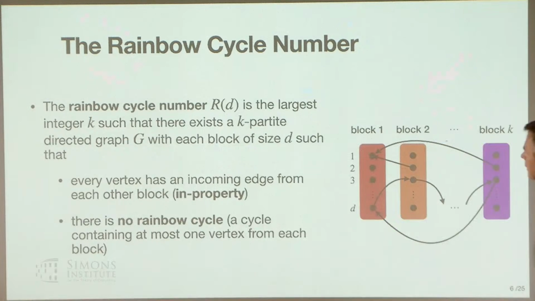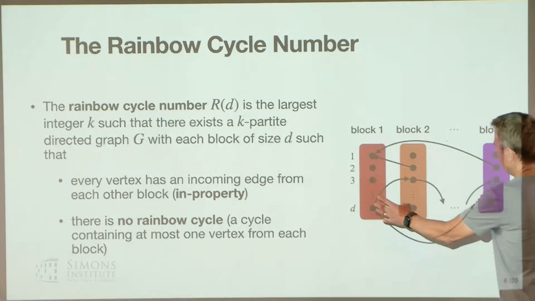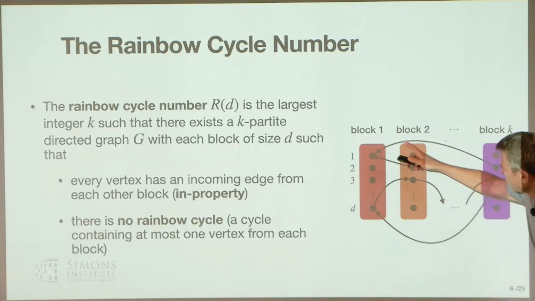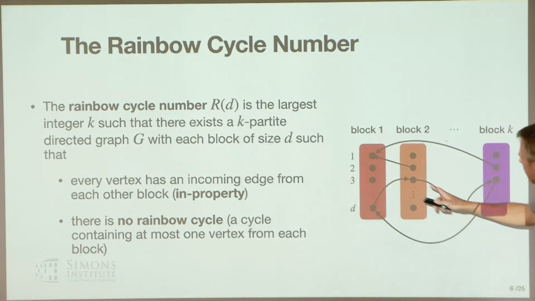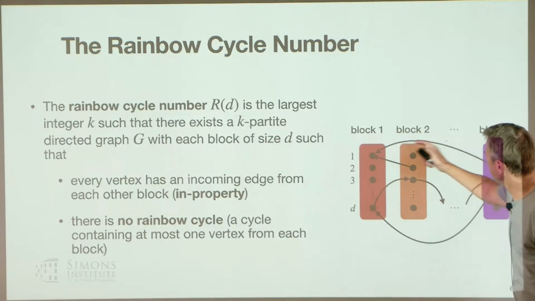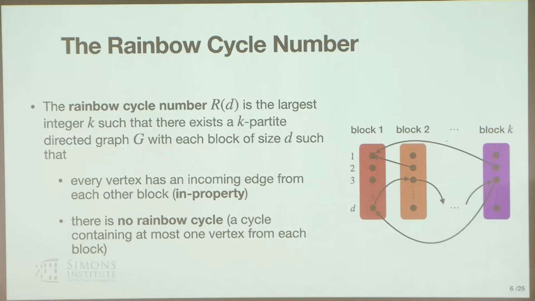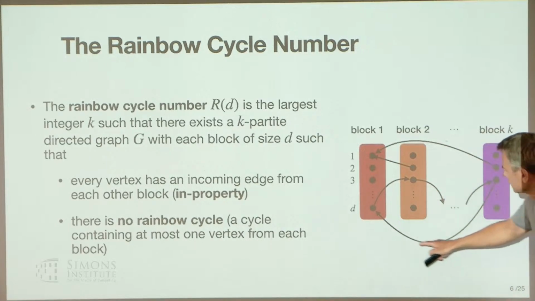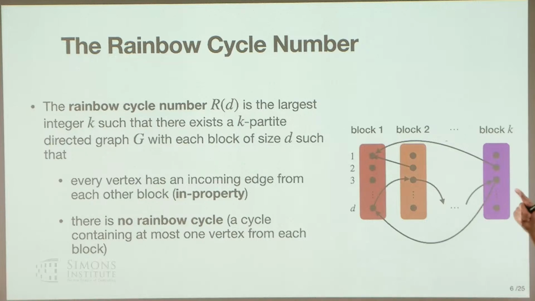So you look at a k-partite graph where each block has d elements, and it's a directed graph, and it has the property that every vertex has an incoming edge from all the other blocks. And there should not be a rainbow cycle. A rainbow cycle is a cycle where every color, meaning every block, appears at most once on the cycle.